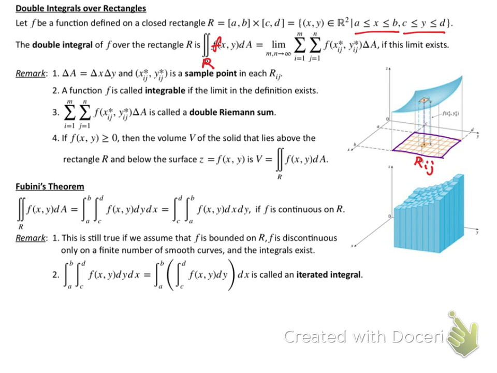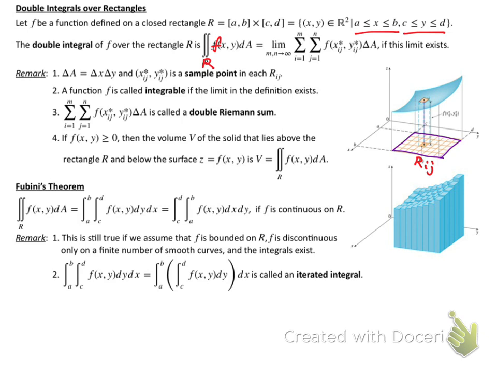You will use f of this value to represent the whole small rectangle ij, and delta A is the area. Delta A is delta x times delta y, and the point xij star, yij star is a sample point in each small rectangle ij.